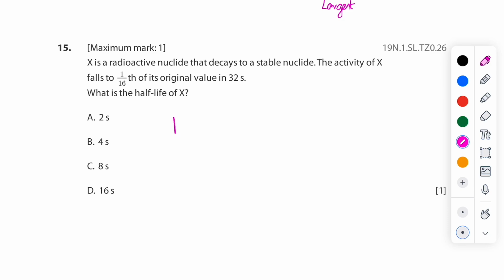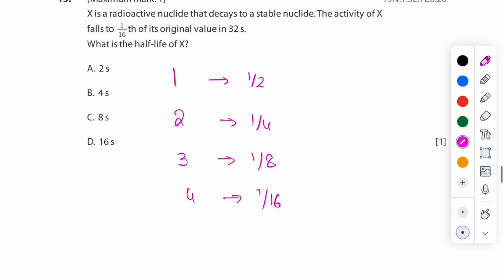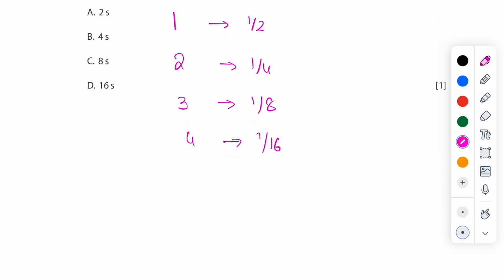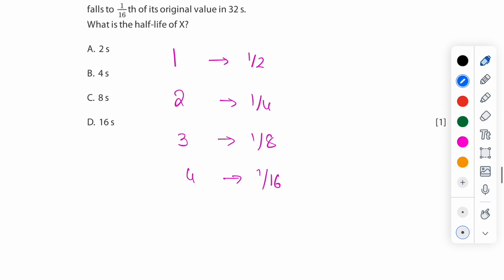One half-life becomes half, 2 half-lives becomes 1 upon 4, 3 half-lives becomes 1 upon 8, and 4 half-lives becomes 1 upon 16. So it is 4 half-lives for 1 upon 16. It also says that the time is 32 seconds.